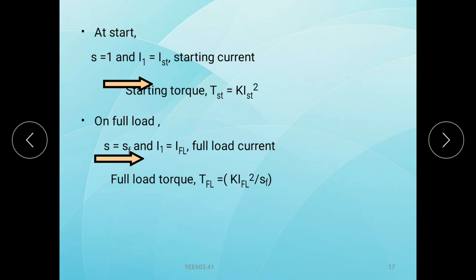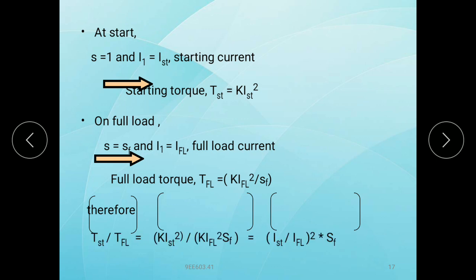The full load torque TFL is equal to K IFL square by SF. Therefore TST by TFL is equal to K IST square by K IFL square by SF, that is equal to IST by IFL. IST means starting current and IFL means full load current. So here (IST by IFL) all square into SF.